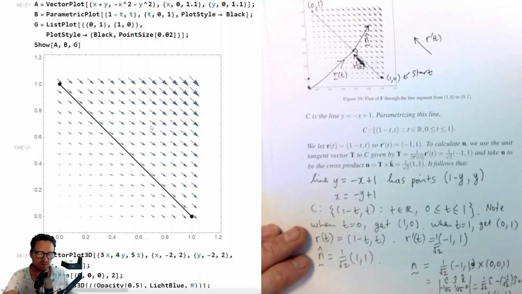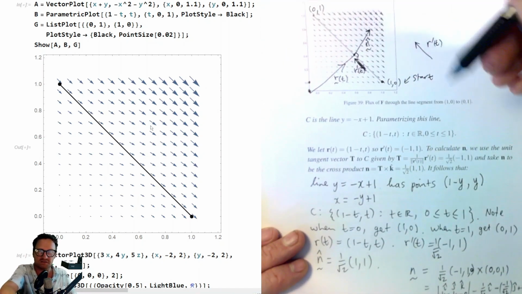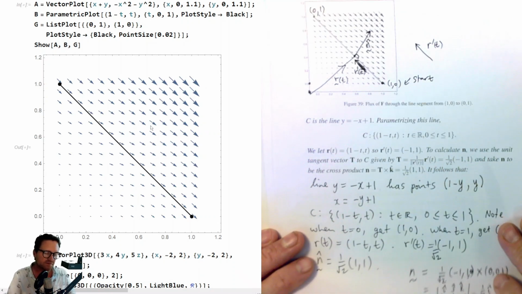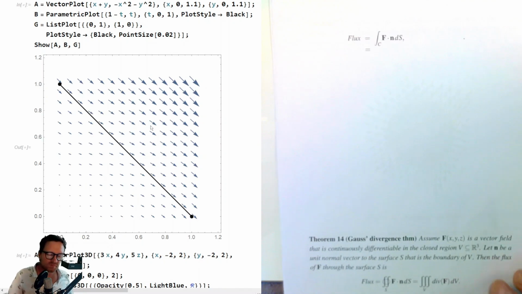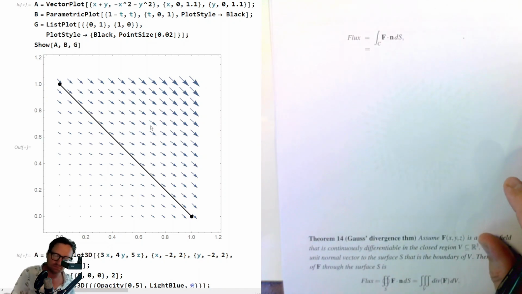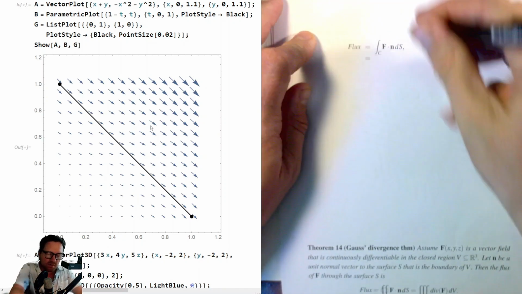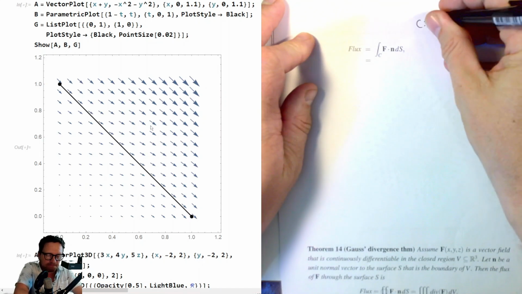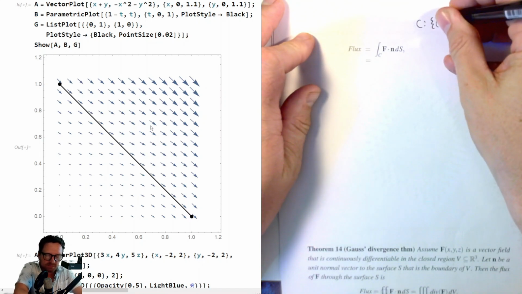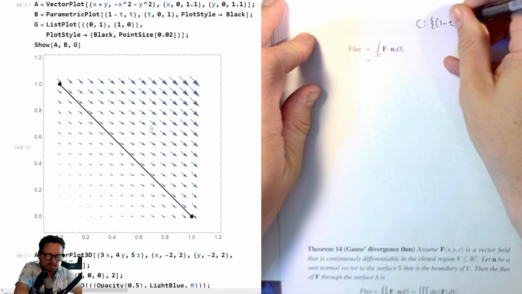So now let's go and calculate the flux, or the quantity of vector field passing through that curve. And so it's given by this. Now remember, C is this.